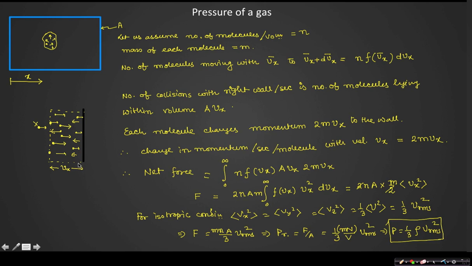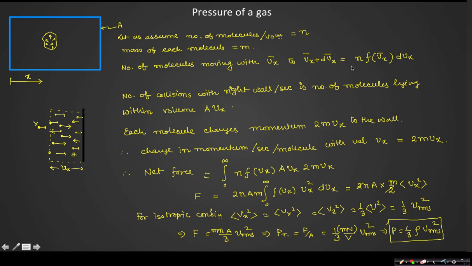So when I integrate it, remember I will only integrate from 0 to infinity, not from minus infinity to plus infinity, because 0 to minus infinity means particles are moving along the negative x-axis, that are not going to collide with this one.